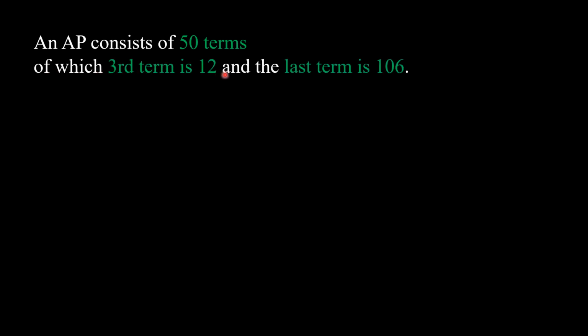An AP consists of 50 terms, of which the third term is 12 and the last term is 106. We have to find the 29th term. Now since the AP consists of 50 terms, we have n equals 50.